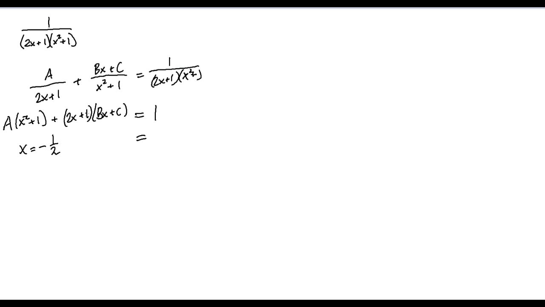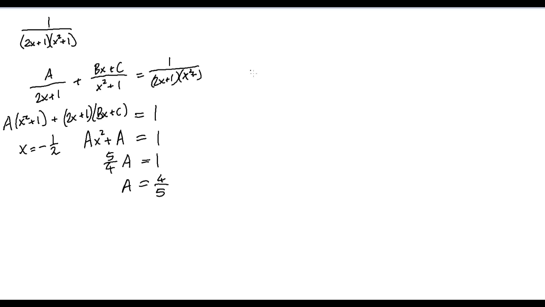So it is ax squared plus a equals 1, and x squared is a quarter, so 5 quarters of a is 1, and so a is 4 over 5. So that's our first value.